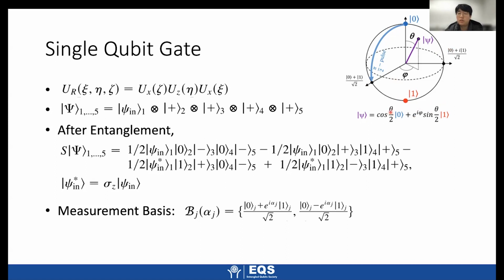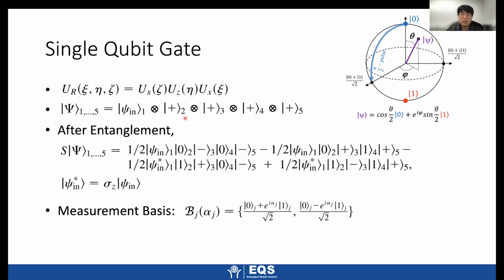We need to know theta and phi, and there's one more parameter, the global phase, but it's not shown here. So we need three parameters to make a general single-qubit gate, and that can be transformed into Euler rotations, which are represented in this way. Anyway, we need these three parameters.